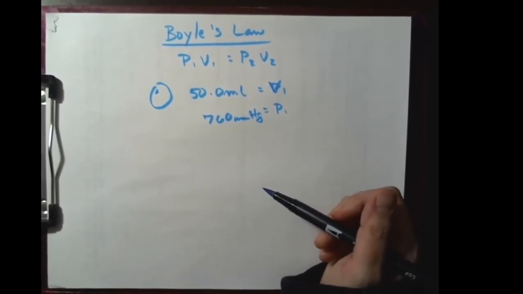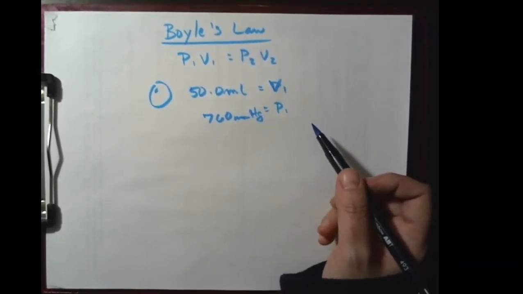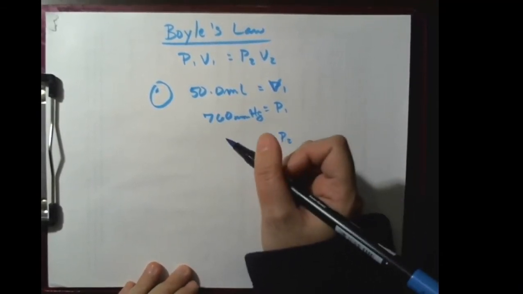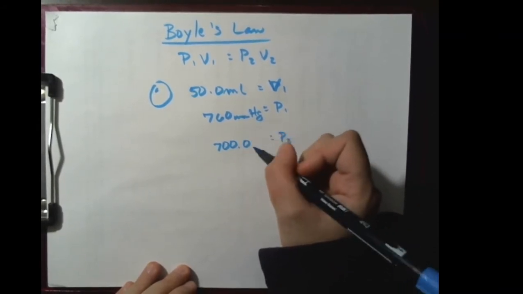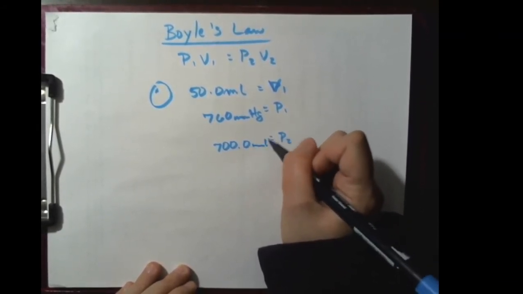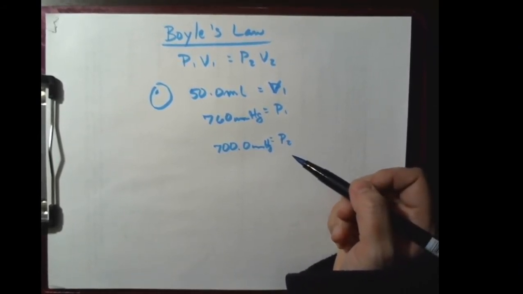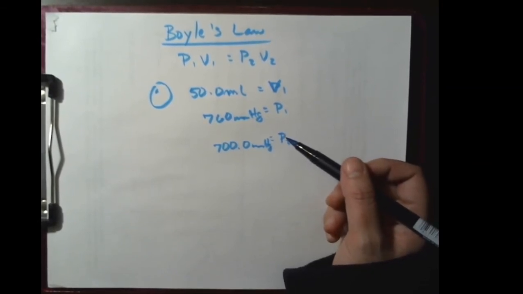Okay, now later, as the thunderstorm passes, the pressure, which is our final pressure here, is going to drop down to 700 millimeters of mercury.